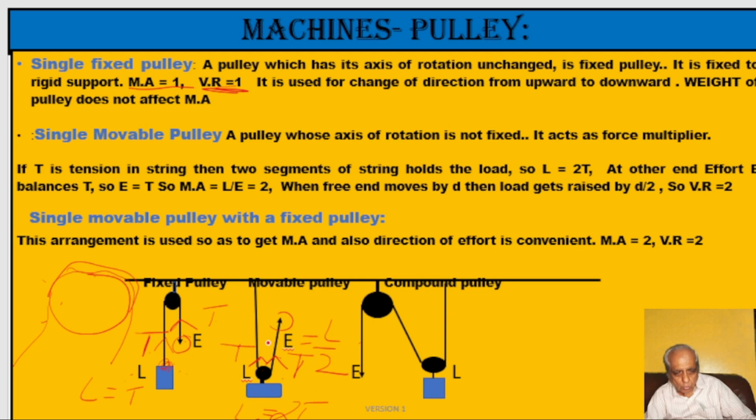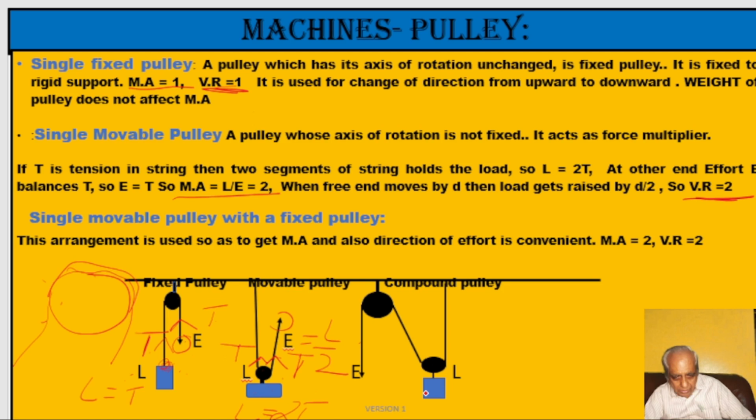Now we are going to the case when there is one fixed pulley and one movable pulley. Here when I lift the load L, it is again balanced by two ends. This is T, this is T. So each has to be equal to L by 2.